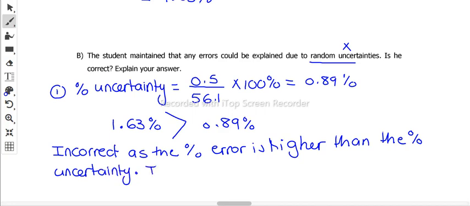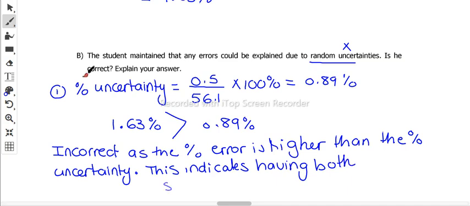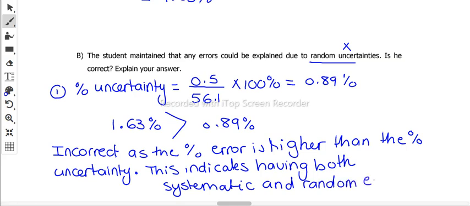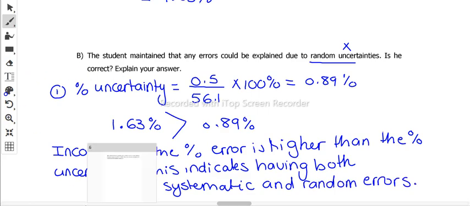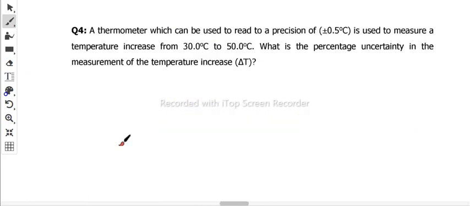This indicates having both systematic and random errors. So it is so important, if you want to decide what type of error is presented, to make a small comparison between the percentage error and the percentage uncertainty.